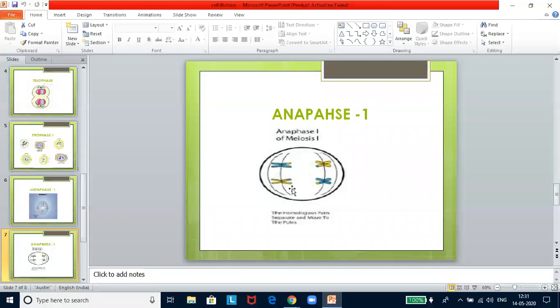Each homologous chromosome of each pair that moves towards the opposite poles is therefore made up of two chromatids which are held together by a centromere. Due to crossing over in the pachytene stage, there has been an exchange of chromosomal segments between non-sister chromatids. Two chromatids of a chromosome do not resemble each other in genetic constitution, and anaphase 1 ends with the separated set of chromosomes reaching the opposite poles.